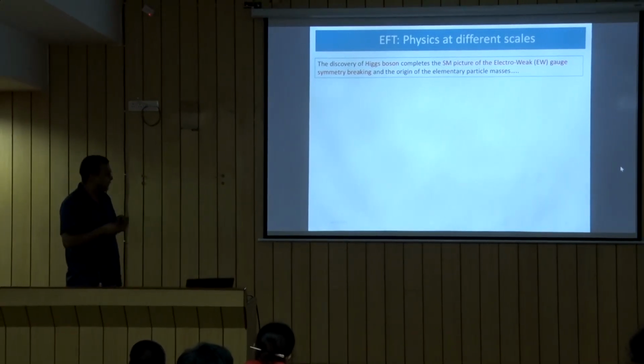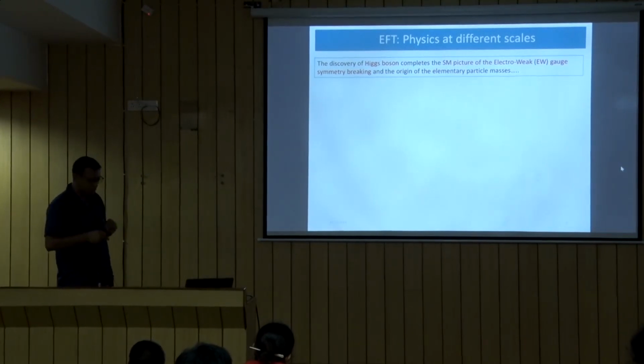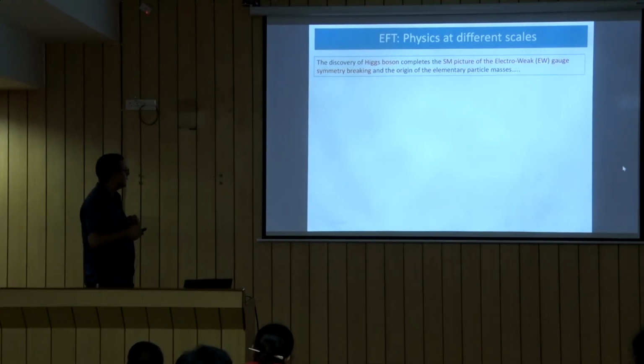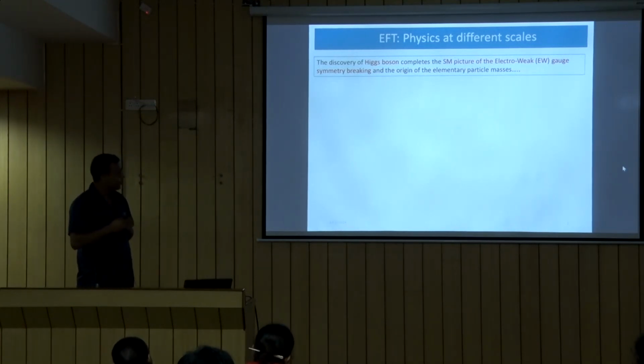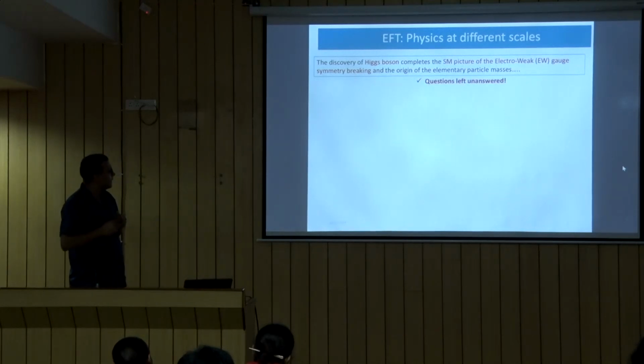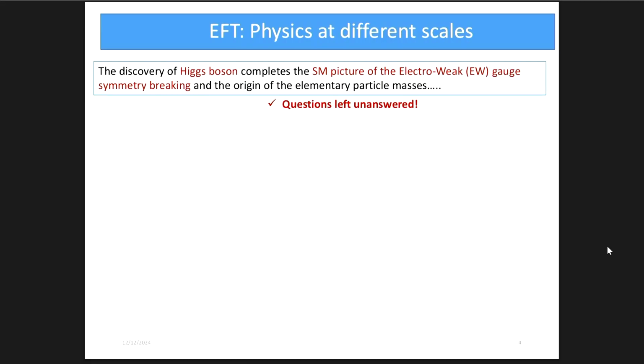Many things we know by now, and in fact after the discovery of the Higgs boson, it is more or less clear what the whole particle content of the standard model is. However, a couple of questions are left unanswered: the existence of dark matter, neutrino mass, and various other things.